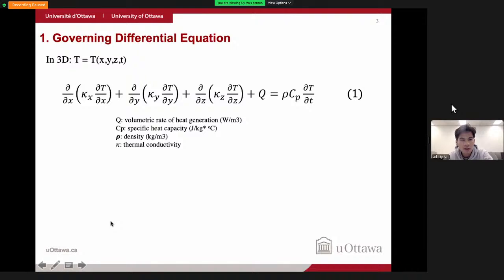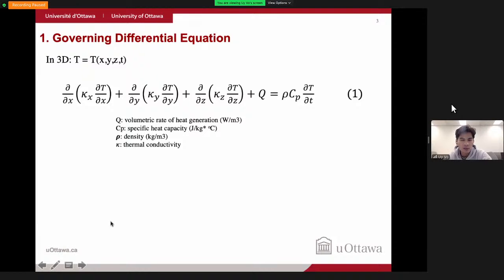So usually in 3D, the governing differential equation for heat transfer will be the equation of T, the temperature with variation of space and time, where we have Q, Cp, rho and kappa, which are all the parameters relating to the equation.